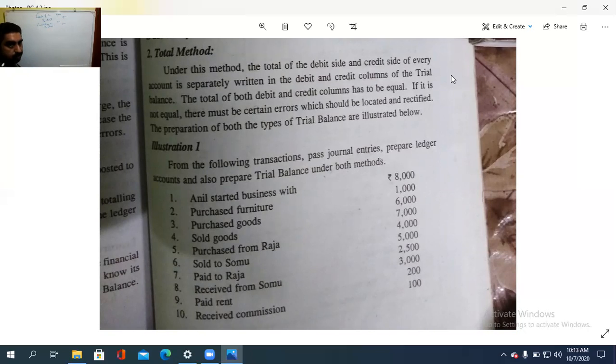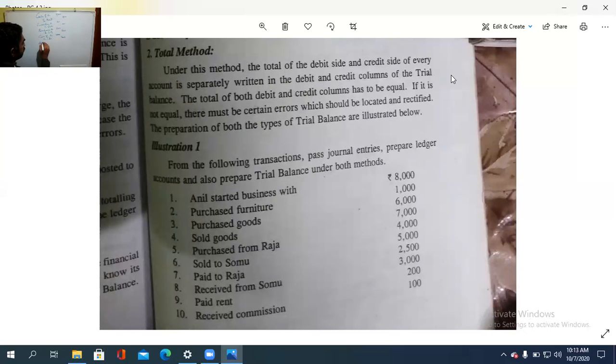Then purchased goods. So purchases account debtor to cash. How much? 6,000. Then sold goods. Cash account debtor to sales. So it is 7,000. Then purchased from Raja.